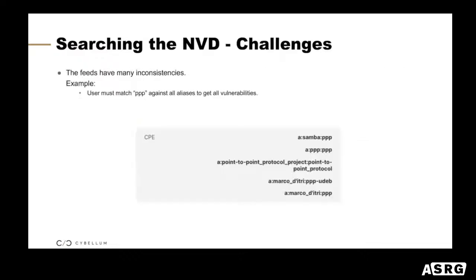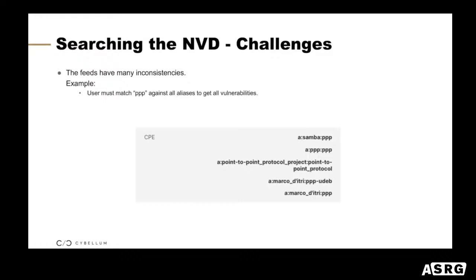because the feeds have inconsistencies. Human beings are the ones tagging the vulnerabilities in the packages, and over the years there have been different ways to tag the same actual package, and there might have been transformations that the open source project went through, different names, different owners, and so on.